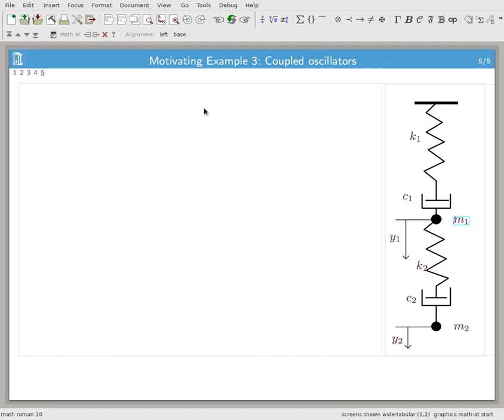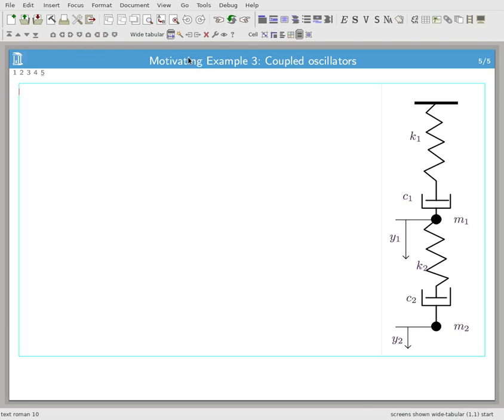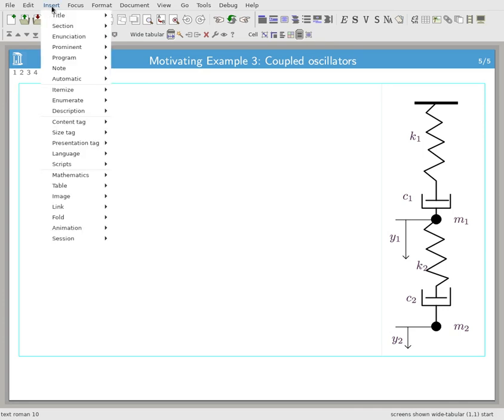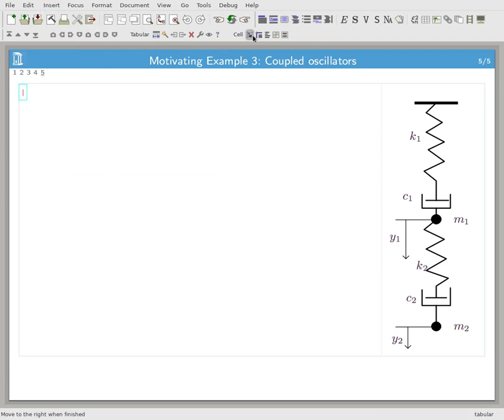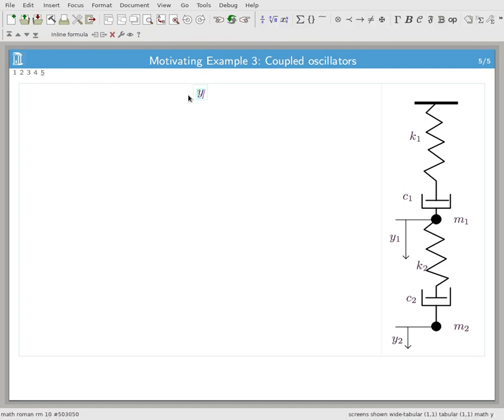As before, we will now go ahead and put this system into the form of a system of differential equations. So let's go ahead and put in a table. This table is going to contain our equations, and our first equation is going to be for the rate of change in time of the first point mass, y1.